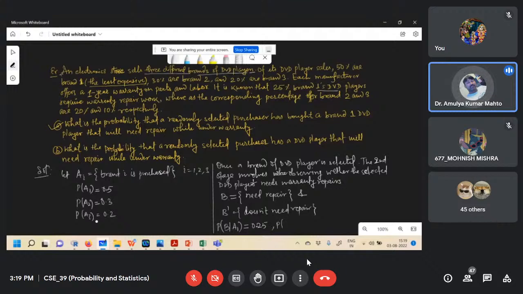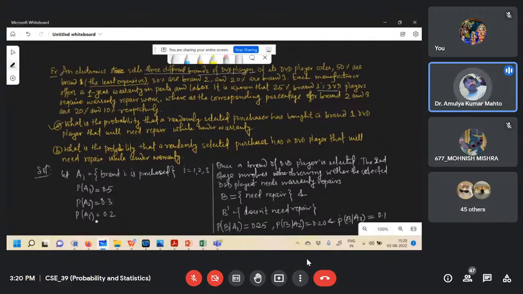Similarly, what is the probability of B given A2? Given that the DVD player is of brand 2, what is the probability that it needs repair? It's 20% for brand 2, so 0.2, and the probability of B given a brand 3 product is 0.1.